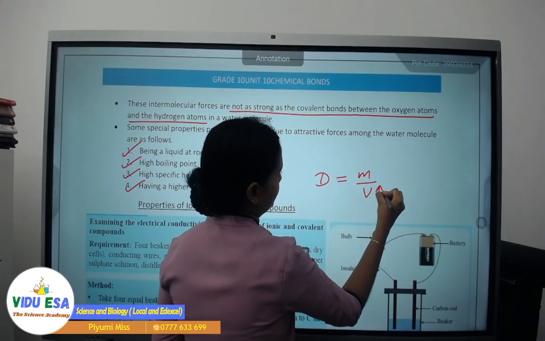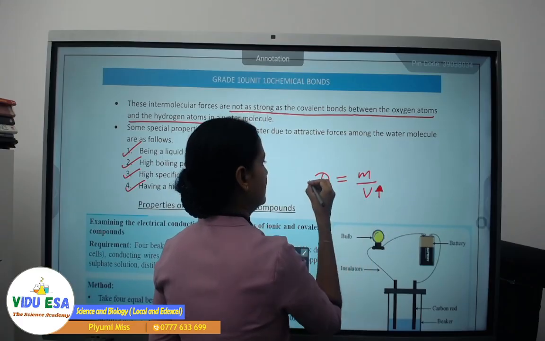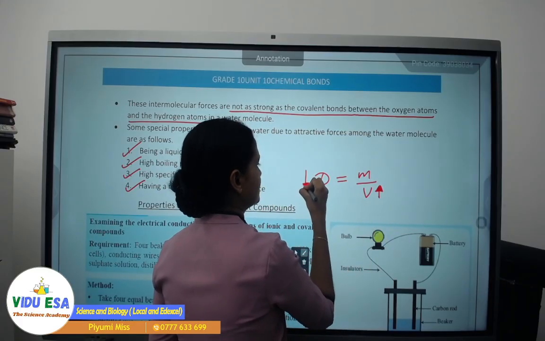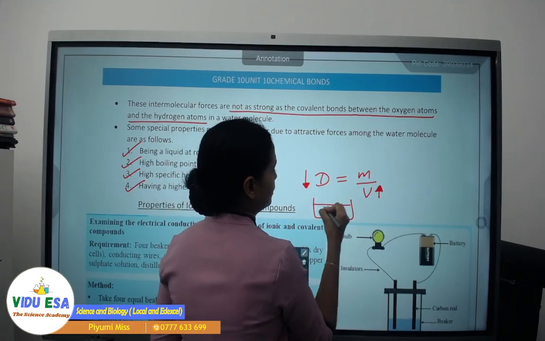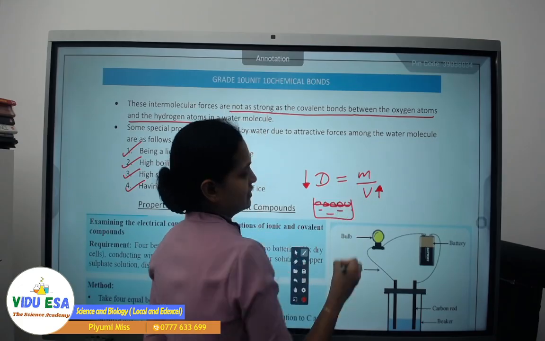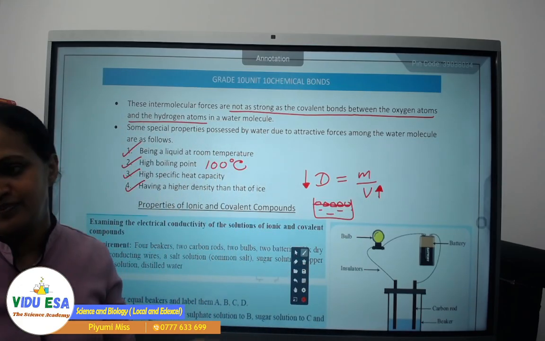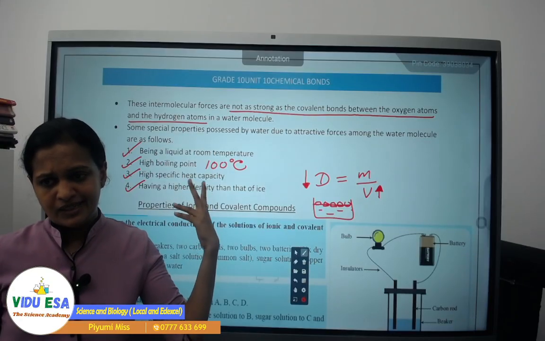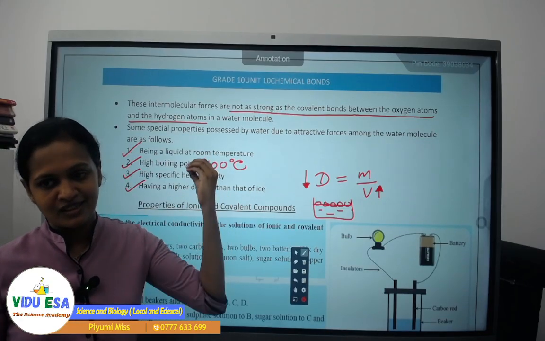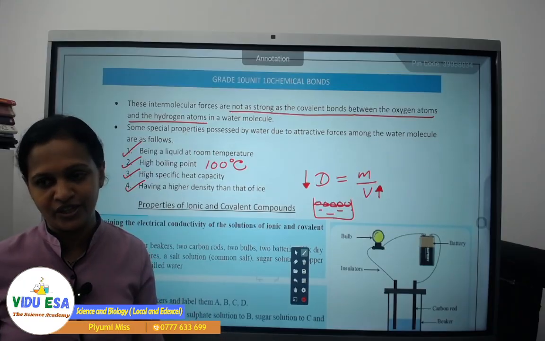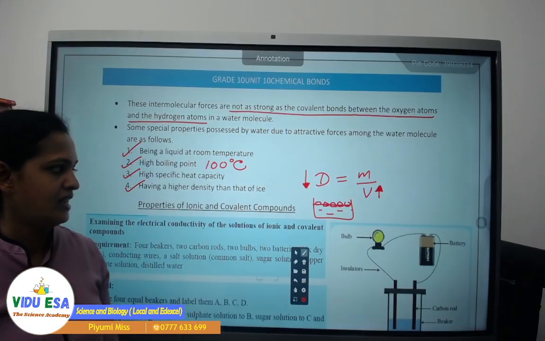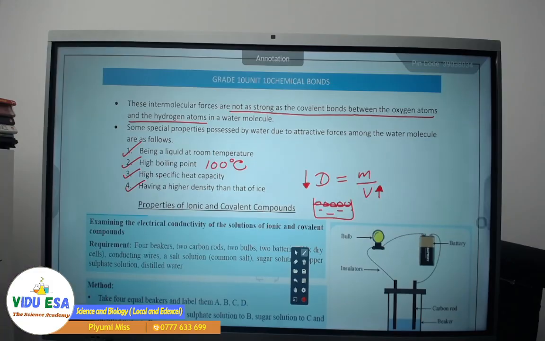So when the volume increases on freezing, the density reduces. That is why ice floats on water. Right? That is also a feature of having these intermolecular bonds, as a result of having intermolecular bonds.